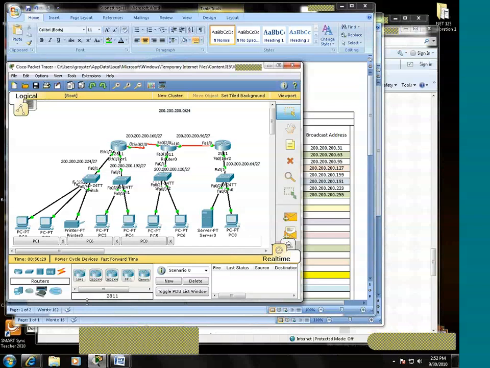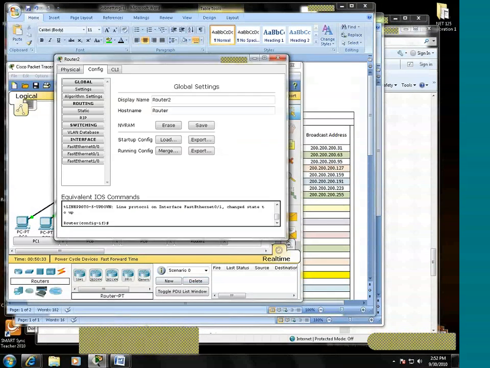So let's see what capability this router has in terms of creating additional networks. Is there a disadvantage of having 2 additional networks? It depends on the situation.